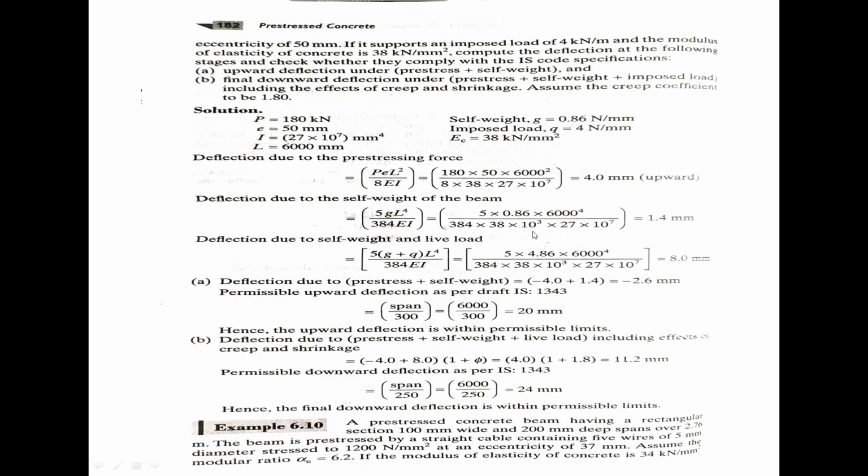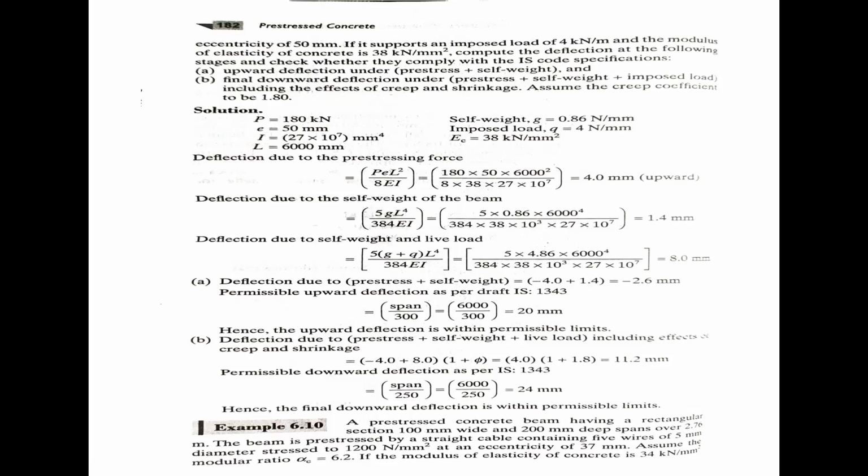Okay, you have to calculate the self weight. How to calculate self weight for a rectangular section? You know the unit weight of concrete is 24 kN per meter cube. Width into depth into unit weight of concrete, that is the formula for self weight.